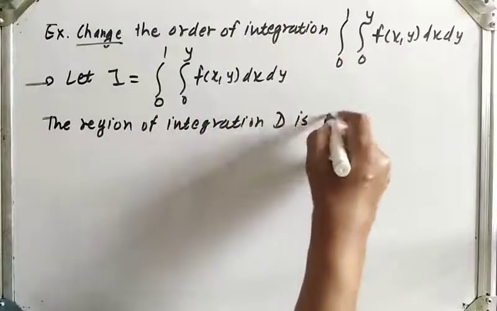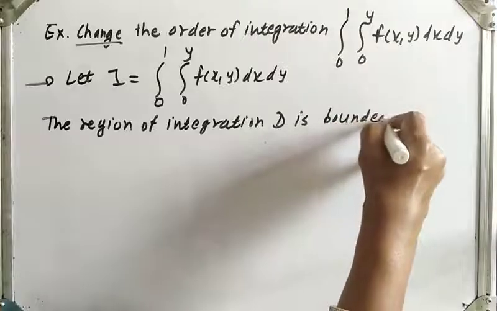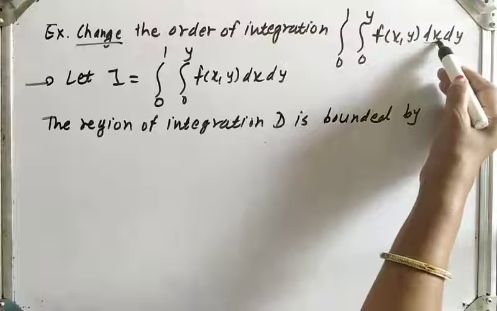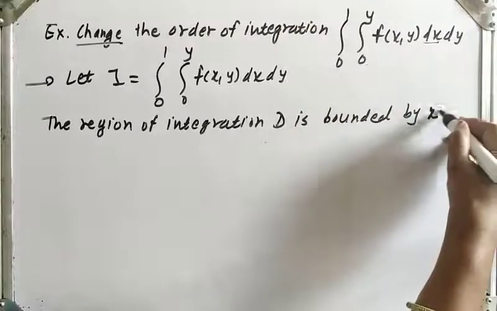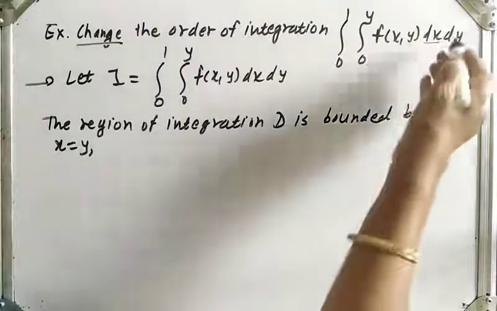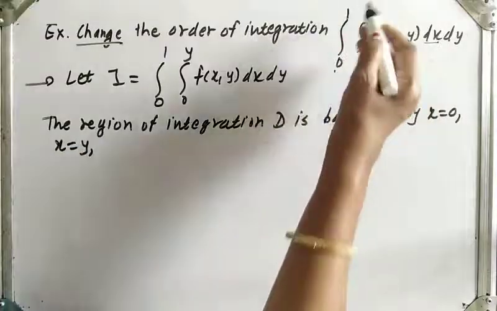D is bounded by what? It is x first, so x is equal to 0, x is equal to y, then y is equal to 0 and y is equal to 1.